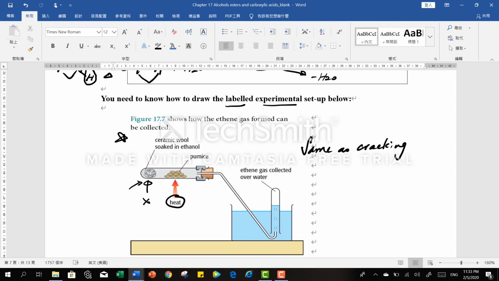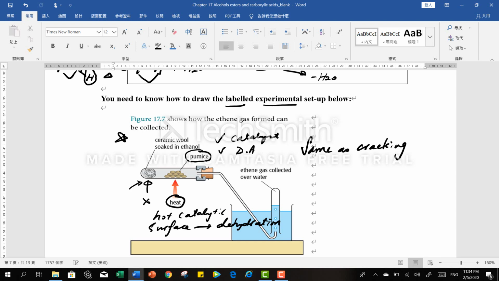So we need to heat here because we need a hot catalytic surface for dehydration. Now, since the dehydrating agent isn't consumed in the reaction, you can say that it is a catalyst, and it is also a dehydrating agent. It has two roles actually.